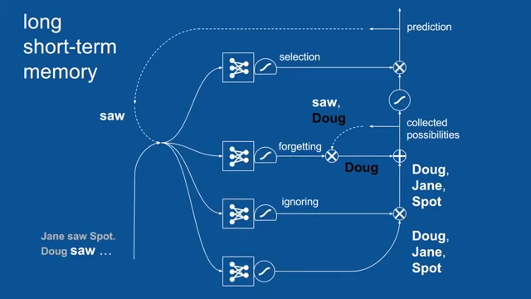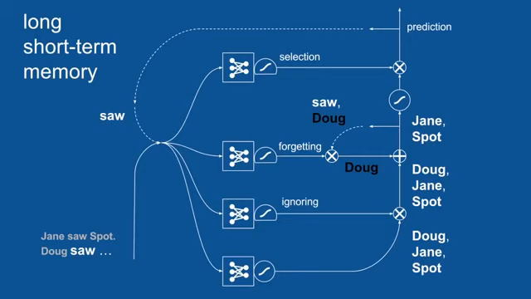Based on my past experience, I can forget that it happened, but I want to keep any predictions having to do with names. So it forgets saw, holds on to the vote for not Doug, and now at this element by element addition, we have a positive vote for Doug, a negative vote for Doug, and so they cancel each other out. So now we just have votes for Jane and Spot.